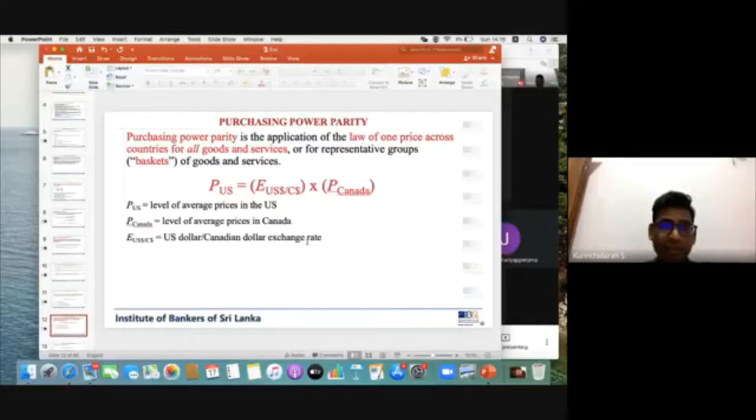So purchasing power parity means how the exchange rate is determined based on the price levels of two different countries. Or actually, with the exchange rate and one country's price level, you can see the other country's price level. So that is how purchasing power parity works.